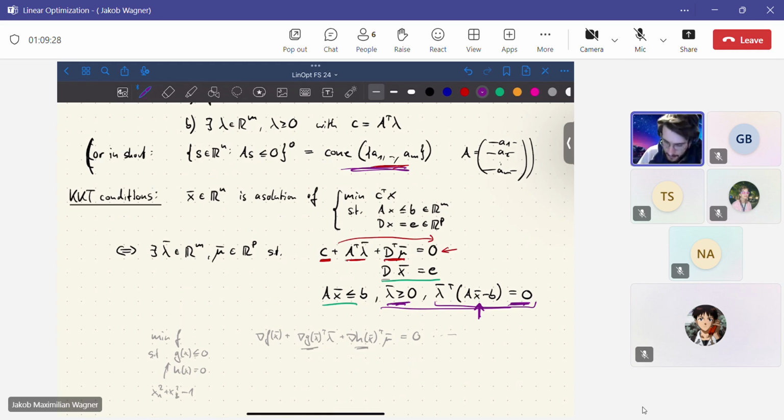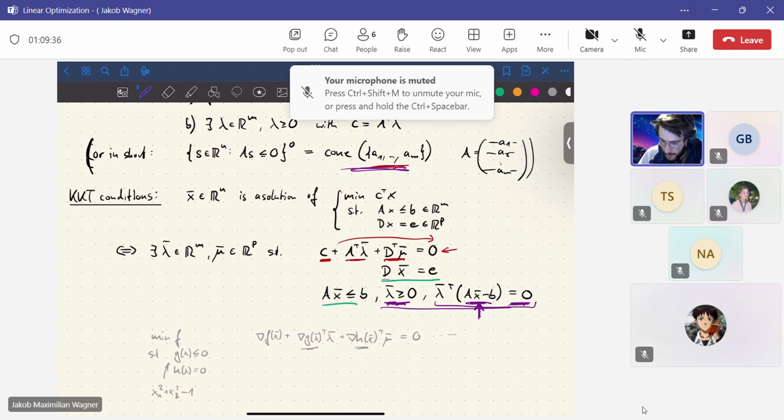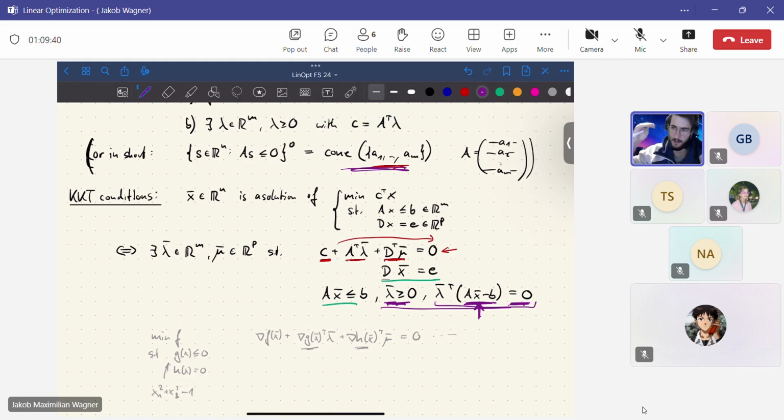And vice versa, if one of the entries of the lambdas is actually strictly positive, then this means that the corresponding entry in this Ax minus b has to be equal to 0. So then the constraint really becomes active and we have the equality case. And so this is what this additional compatibility condition tells us.